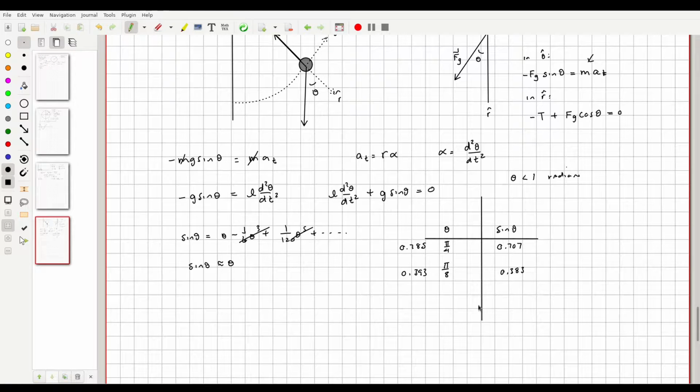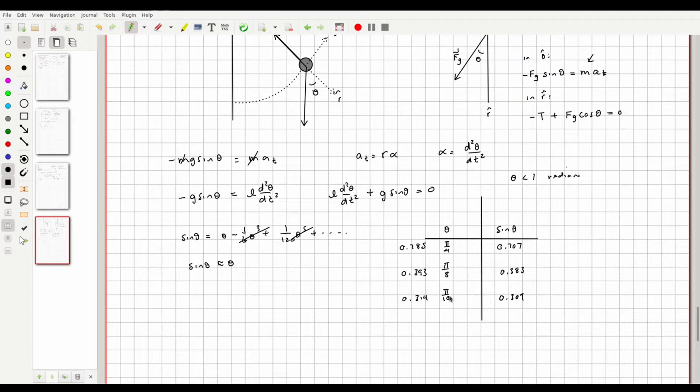And we'll do one more. Pi over 10 would be about 0.314. And if you take sine of pi over 10, you get 0.309.